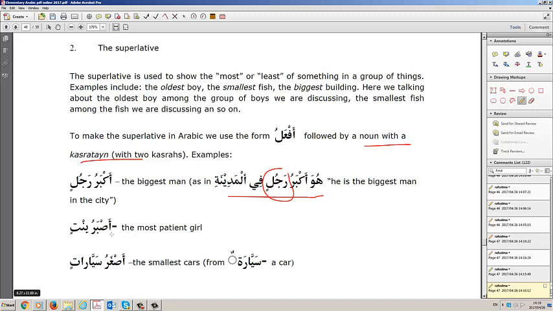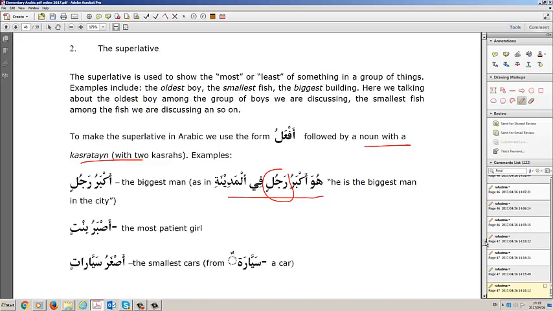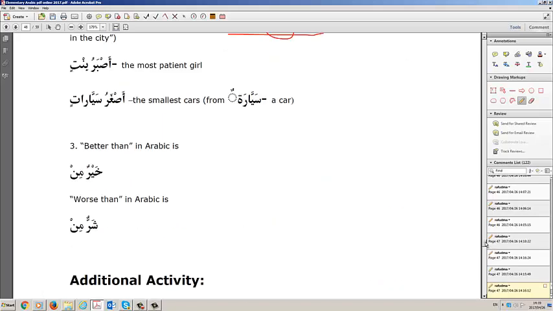Hiya asbaru bintin. She is the most patient girl. Asgharu sayyaratin. It is the smallest car. So just be aware of that. And then also for the expressions better than and worse than in Arabic, we use two expressions, khayrun min and sharrun min.